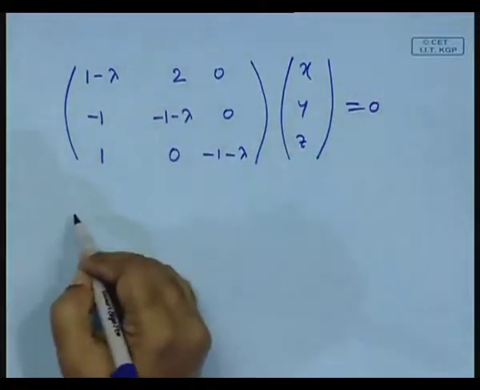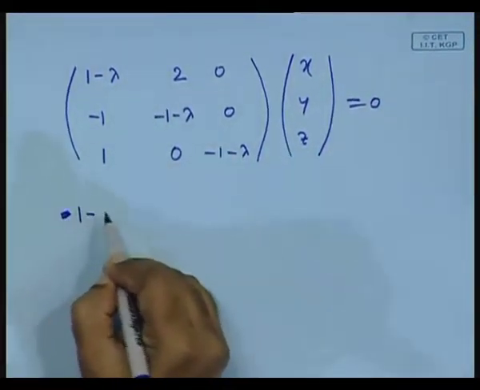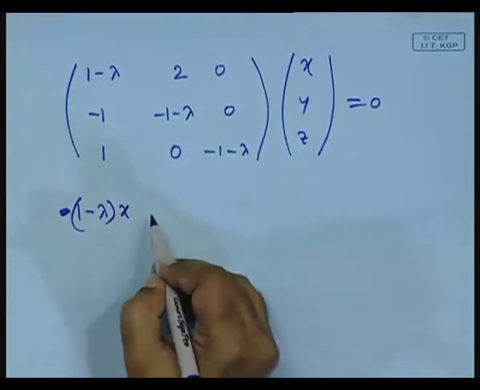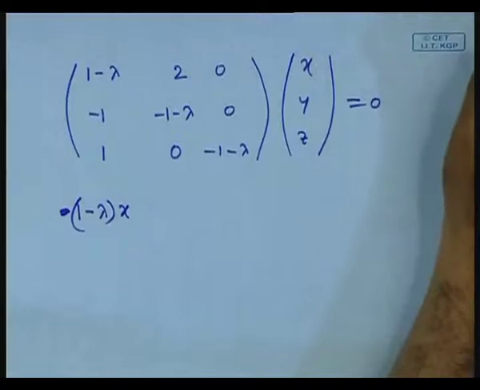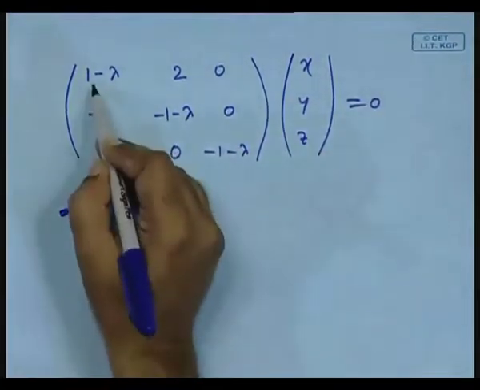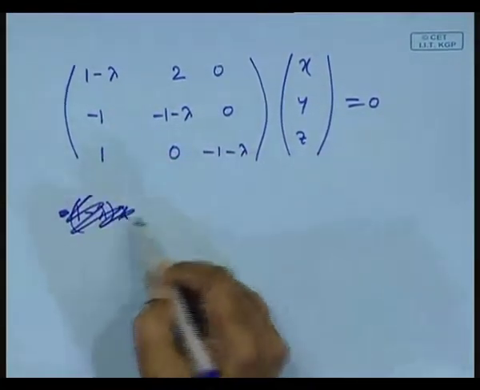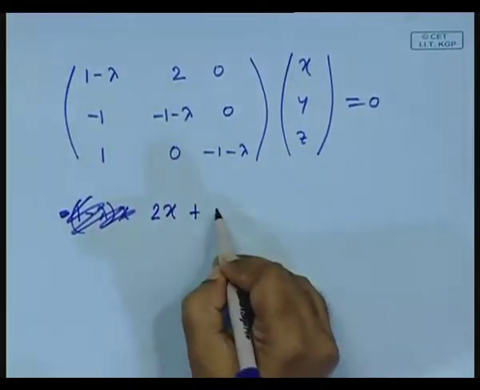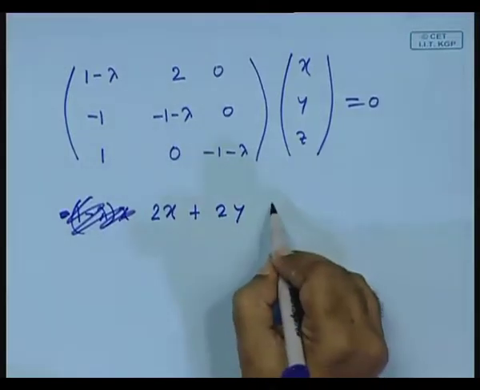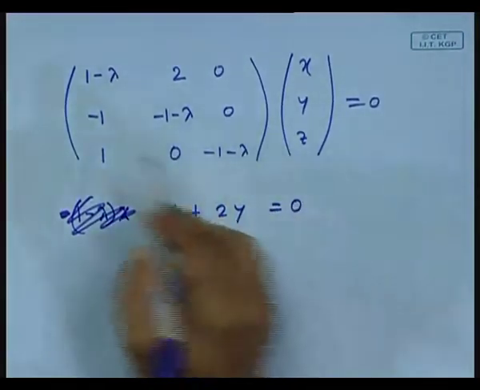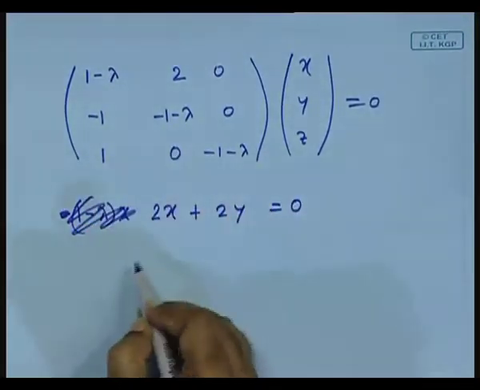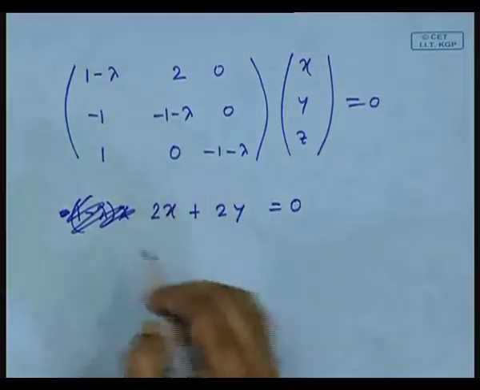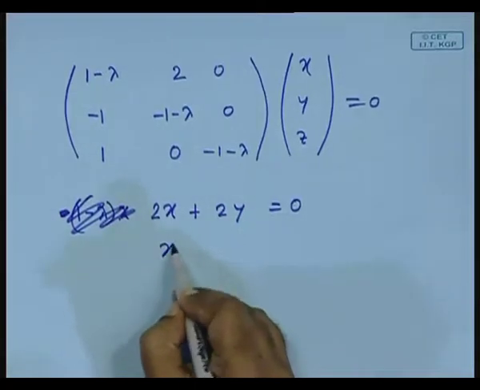The first one says 1 minus lambda times x. Lambda is in this case minus 1, so twice x plus twice y is equal to 0. Second one is this is minus 1 0 0, so x equal to 0.